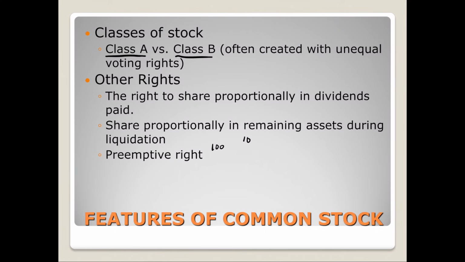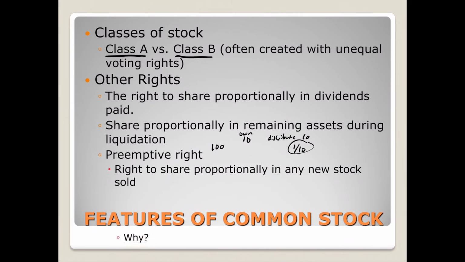Now this is obviously a simplified example, but if the company has 100 shares, let's say you own 10, so you have a 10% ownership interest, and they want to sell an additional 10, you would have a right to one of those 10 before it becomes available to the public so that you can maintain your same proportion of ownership within that company. So that's what a preemptive right is. It allows you to maintain your same percentage without being diluted when new shares are issued on these financial markets.